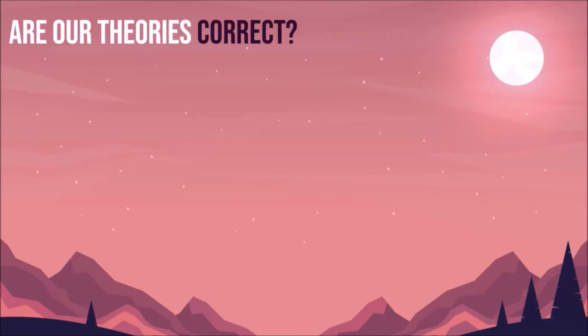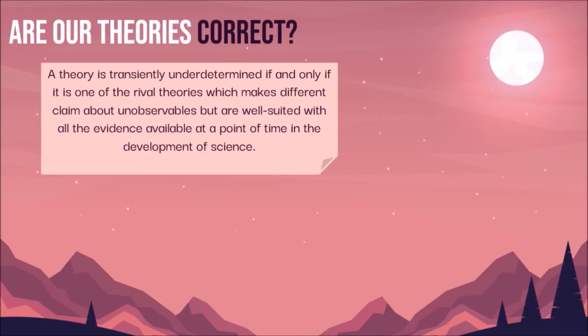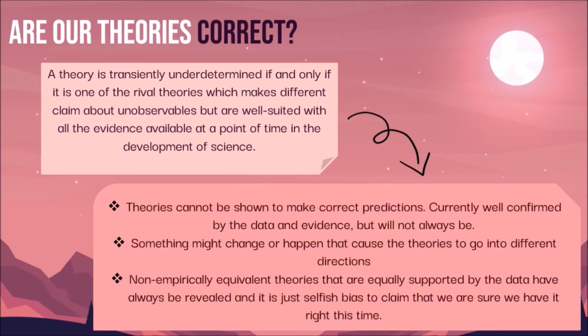There are many theories we have learned until now, but are our theories correct? A theory is transiently underdetermined if and only if it is one of the rival theories which makes different claims about unobservables but is well suited to all the evidence available at a point in time in the development of science. Theories currently well confirmed by the data and evidence will not always be.